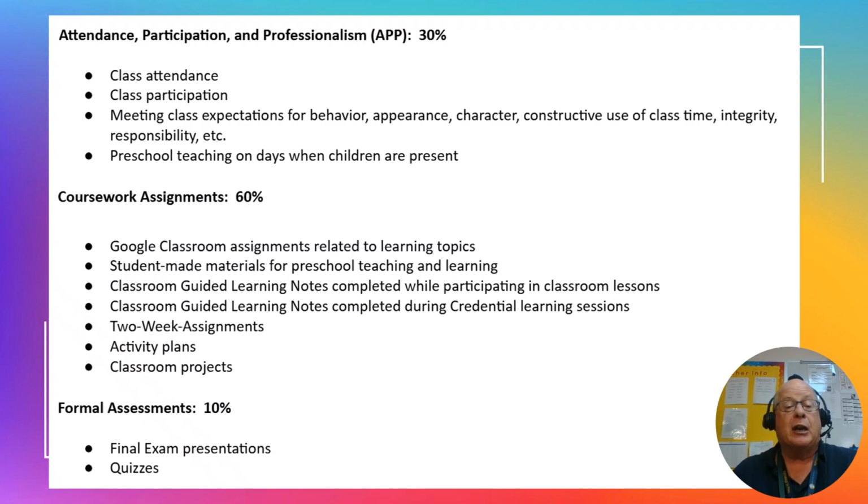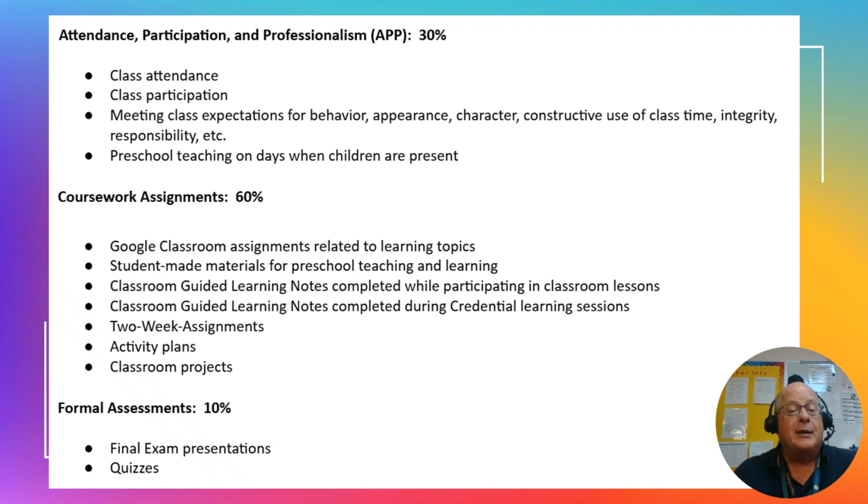You're going to be doing something I call 2-week assignments, which are generally projects that you'll be doing in class. You're going to be writing activity plans on what you plan to do with the children, and you're going to be doing different classroom projects. So that's the majority of your grade. 60% are for the assignments that I give you, that you do well, and that you turn in.